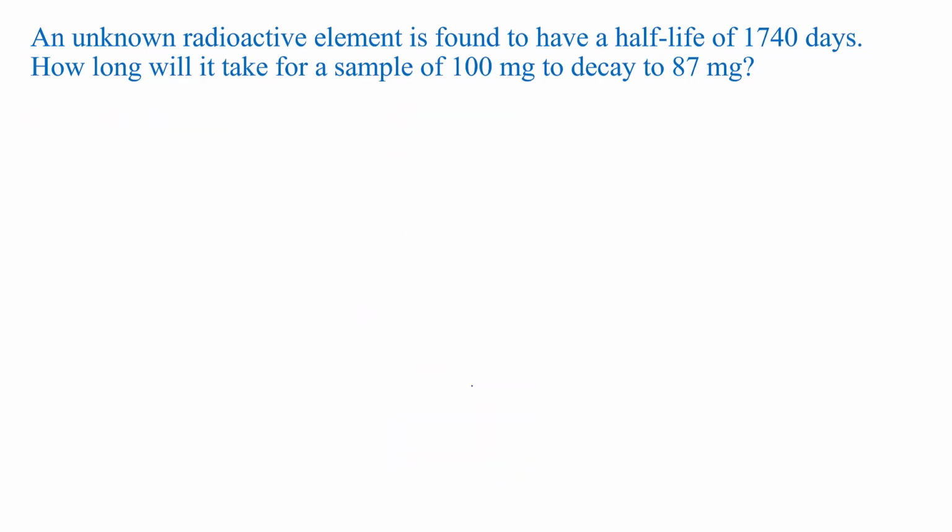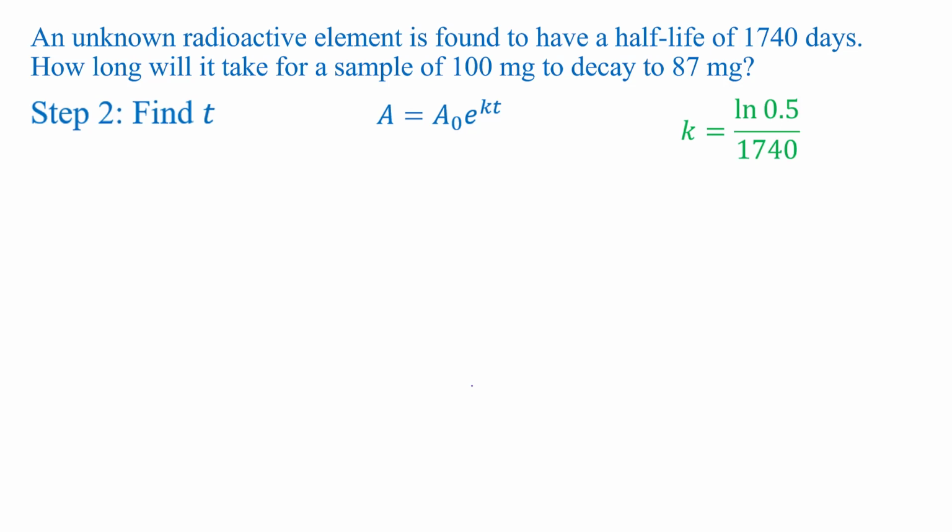So let's move on to actually finding how long it will take for this sample to decay. I'm finding t here, the time. What I know is that for my formula A = A0 e^(kt), using k = ln(0.5)/1740, I start with an amount of 100 milligrams.